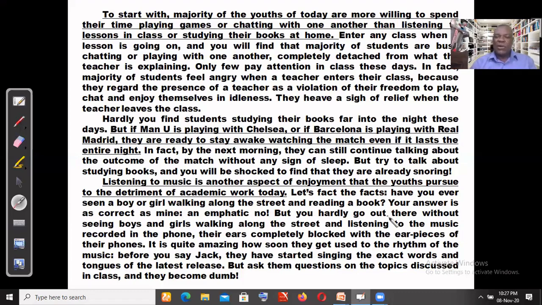But you hardly go out there without seeing boys and girls walking along the street and listening to the music recorded in the phone, their ears completely blocked with the earpieces of their phones. It is quite amazing how soon they get used to the rhythm of the music. Before you say Jack, they have started singing the exact words and tunes of the latest release.